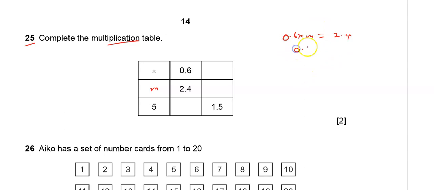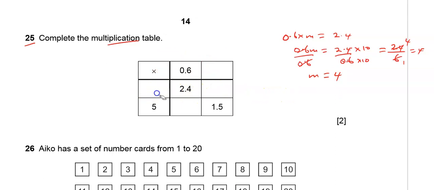This is 0.6 M equals 2.4. Divide both sides by 0.6. Of course, multiply the numerator and the denominator by 10 to change it to whole numbers. So this will be 24 divided by 6. 6 goes 4 times, so it's 4. So M is equal to 4.